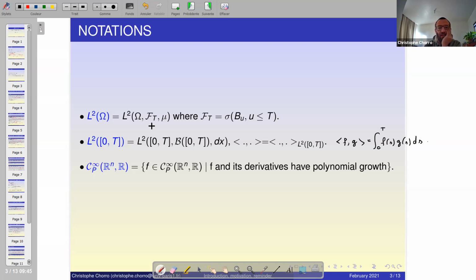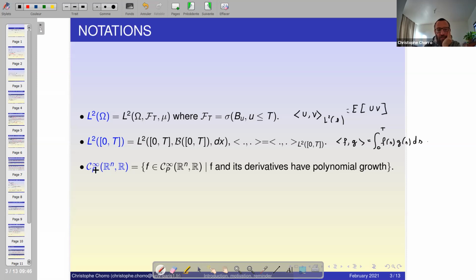So we have here two Hilbert spaces. If I have u and v, the scalar product in L2 of omega is just the expectation of the product. I will also introduce this set of mappings from R to the power n into R.